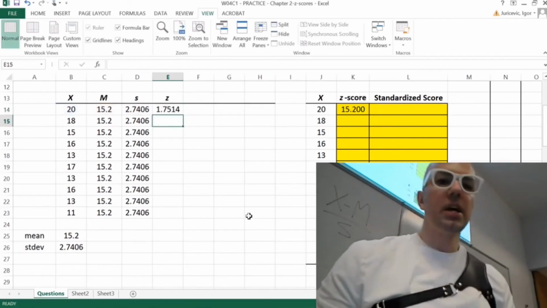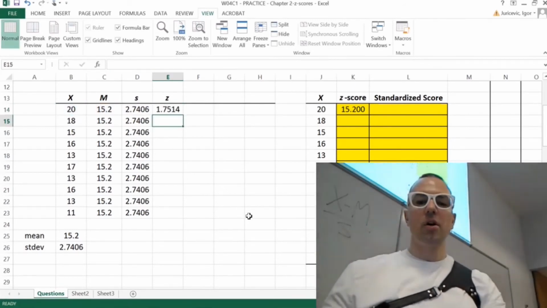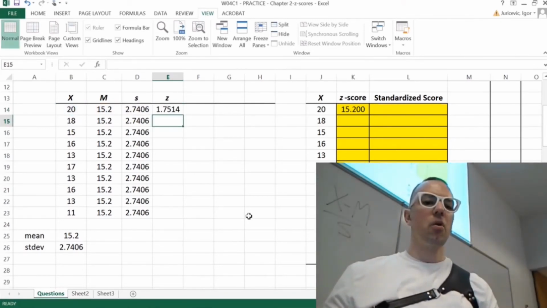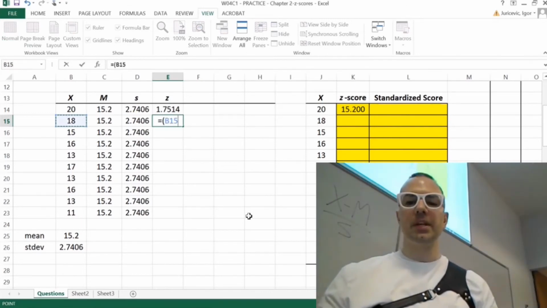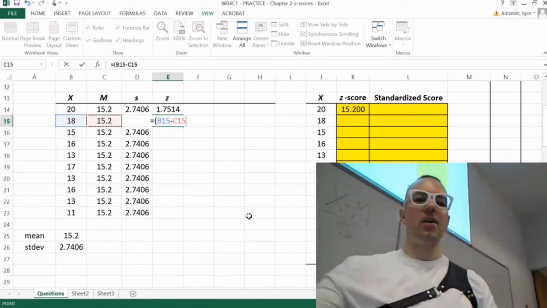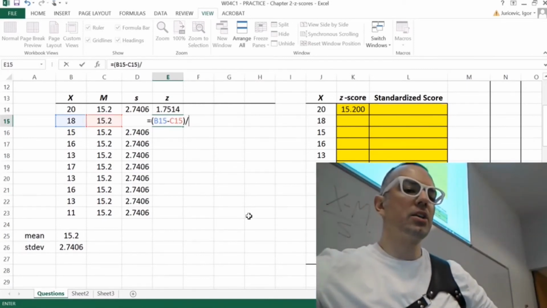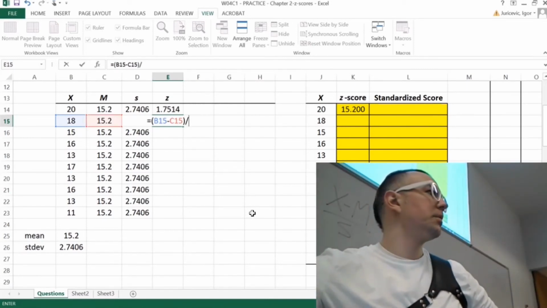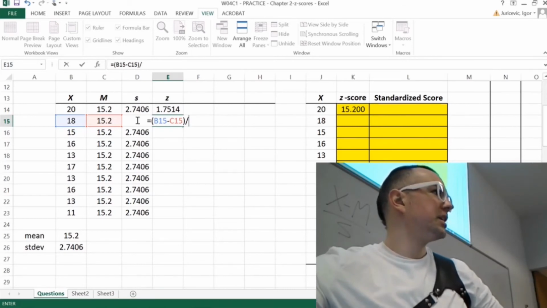So one more time, I'll show you: equals, open parentheses, your score minus your sample mean, close those parentheses. And occasionally, depending upon how wide your columns are, you're not going to be able to use a mouse click to get to the standard deviation here.